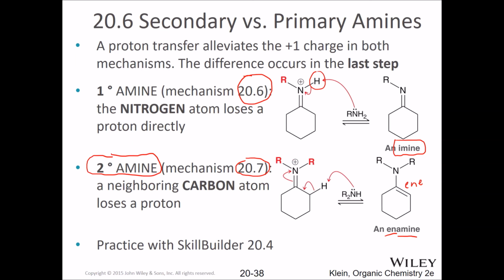Please consider not even looking at it, taking 20.6, which is on page 948, and changing it to a secondary amine, making the necessary changes. Does that make sense?